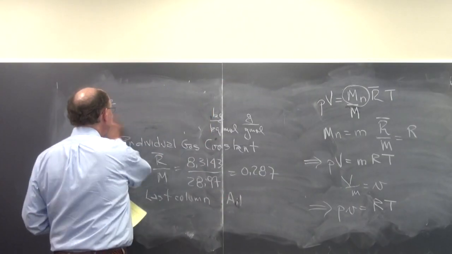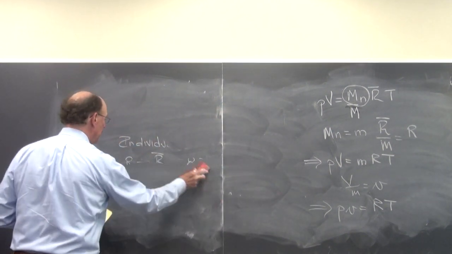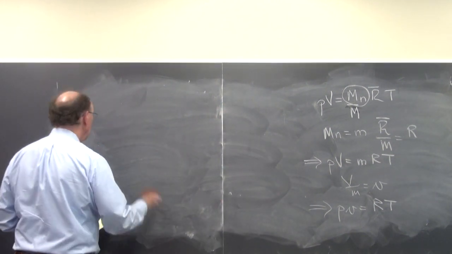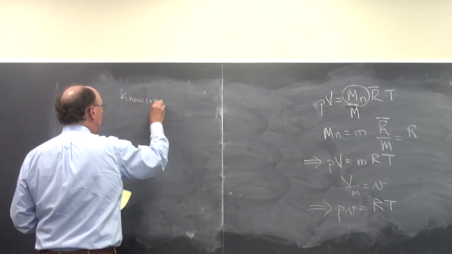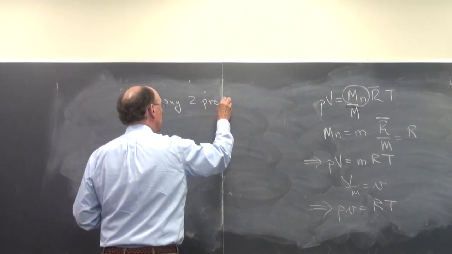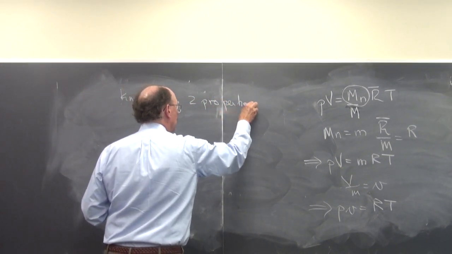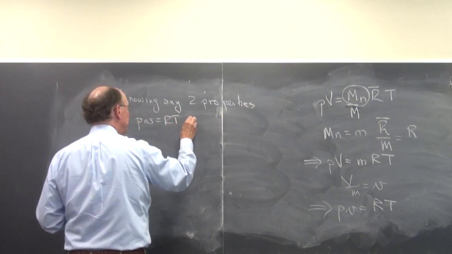So if I know any two properties, I can determine the third. Knowing any two properties, Pv equals RT finds the third.